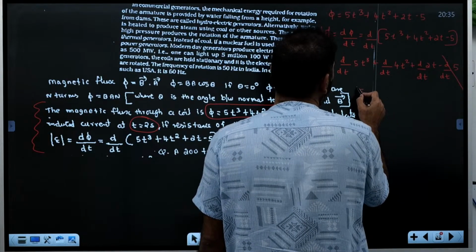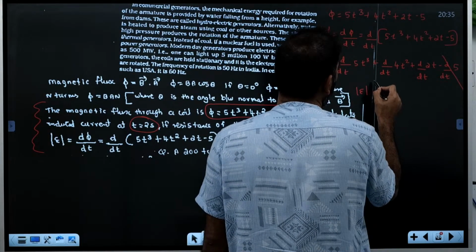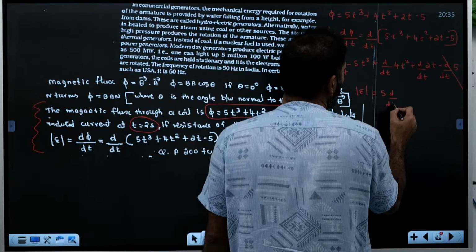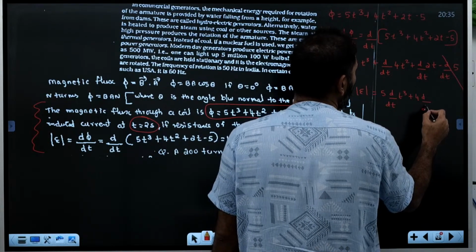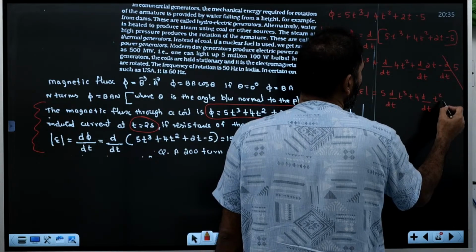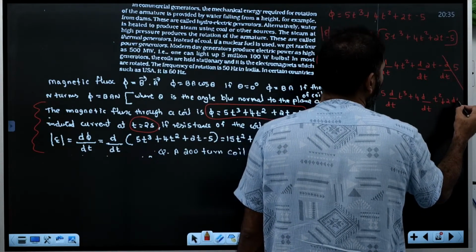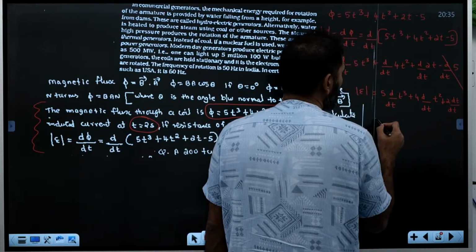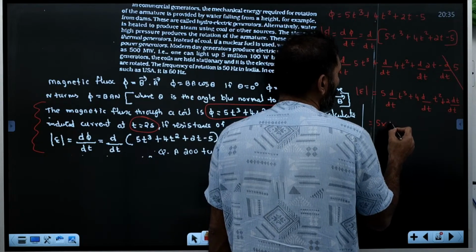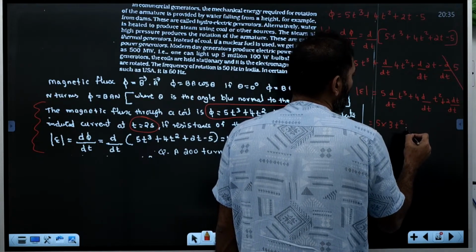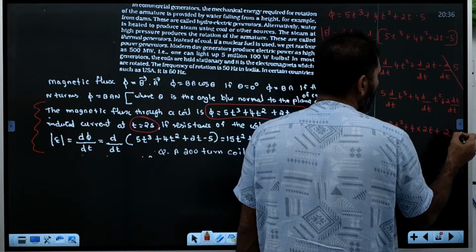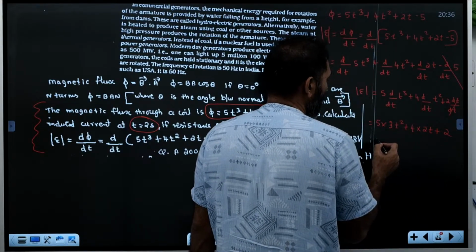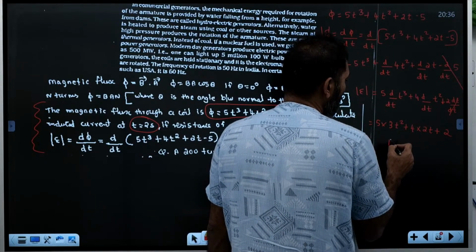So, what is magnitude of induced EMF? 5 into d by dt of t cube plus 4, constant taken outside, d by dt of t square plus 2 into dt by dt. So, what is the answer? 5 into d by dt of t cube is what? 3t square, plus 4 into d by dt of t square is what? 2t, then what? 2 dt by dt is what? 1. So, put t equal to 2 seconds.